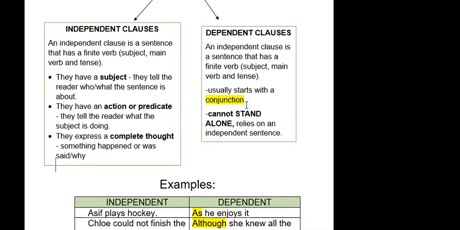You guys are dependent on your parents for food, for sustenance, for money to go to school, right? At this point in your lives, you most probably don't have the ability to fend for yourselves, right? Because you need to study and you are dependent on your parents, right? So you guys are the dependent clauses.